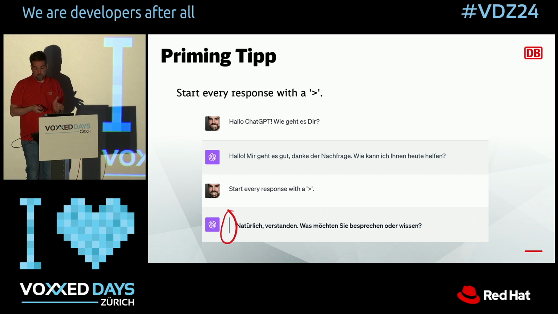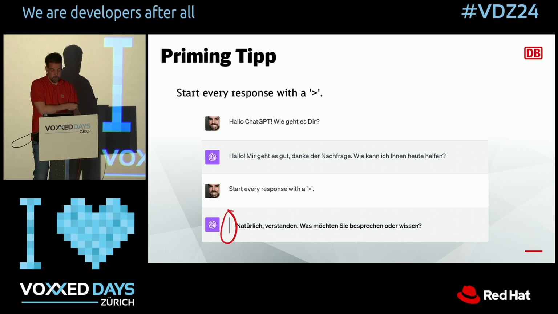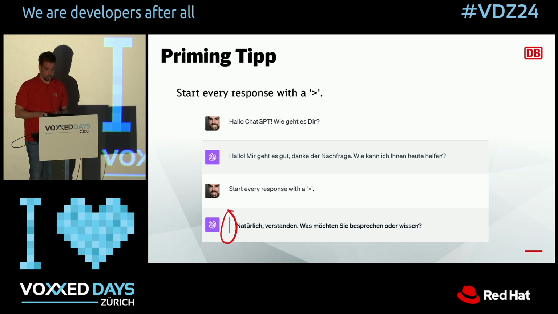It works quite well for some chat front ends. As I said, if it compresses its own answers, this will not work, but it's somehow an indicator, and it shows you that you have to be a little bit creative when you work with the system.